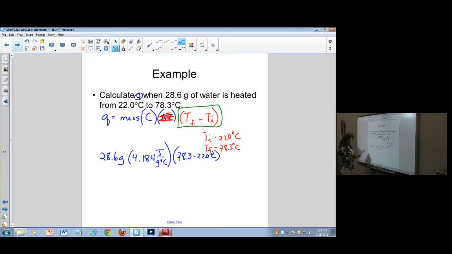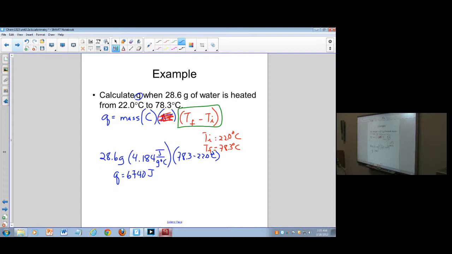And Q works out to be equal to 67.40 joules.